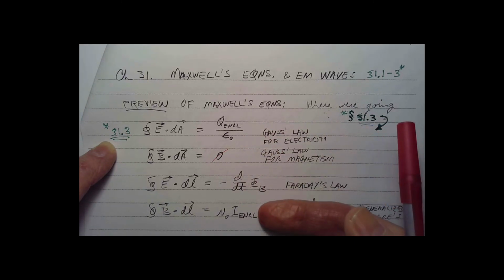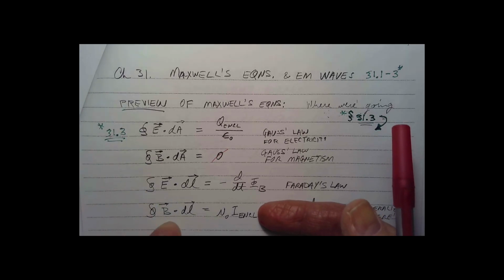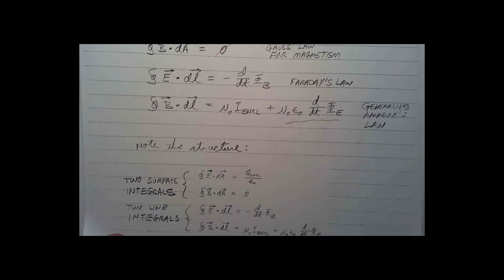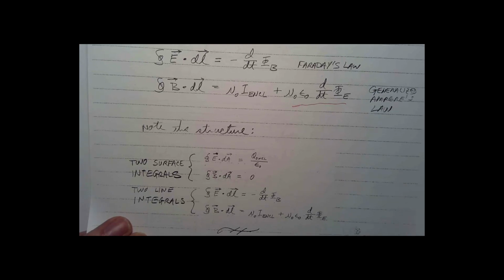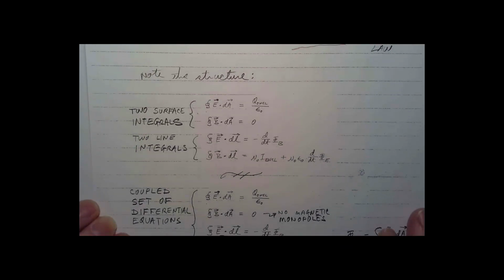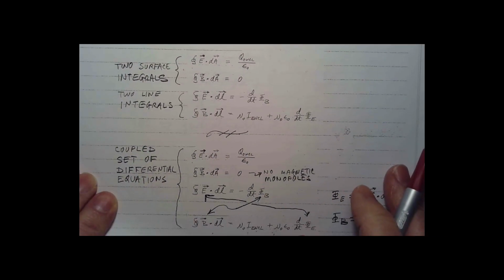Up until now, we've known only this much for Ampere's law. Integral of B dot dl is how much current goes through there. Now we add this term, and that gives us the whole story. Look at the structure for these equations. We have two surface integrals, integral E dot dA, integral B dot dA, and two line integrals, okay? They're coupled equations.